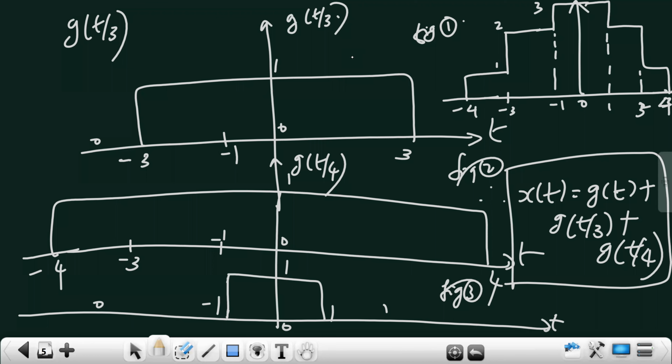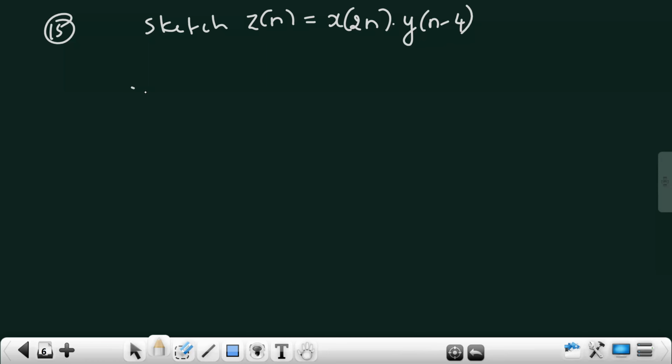15th question, 1-5. So in the 15th question, you are going to sketch z of n is equal to x of 2n into y of n minus 4, and both x of n and y of n are given to you.